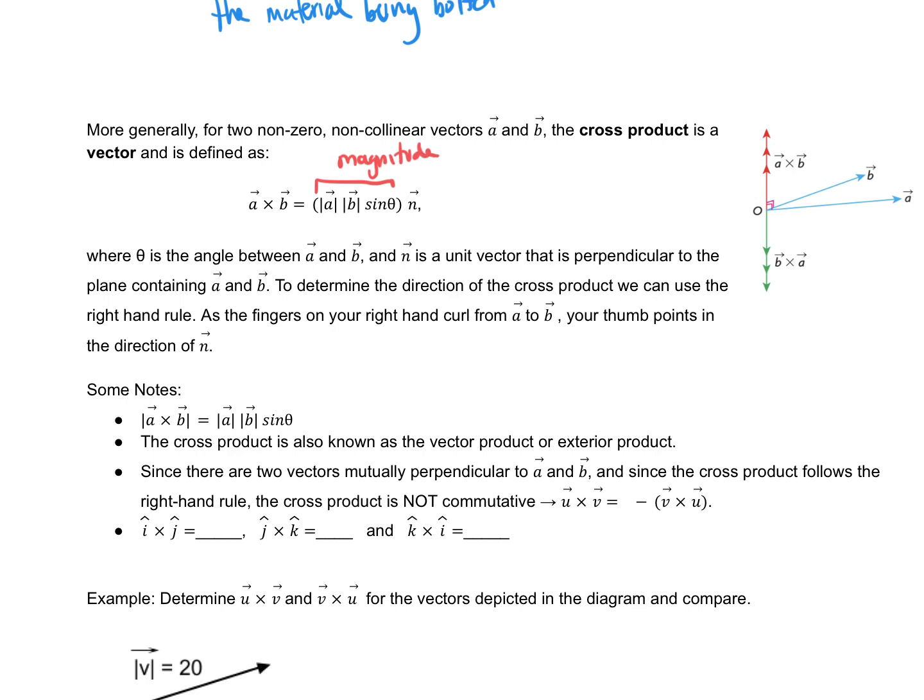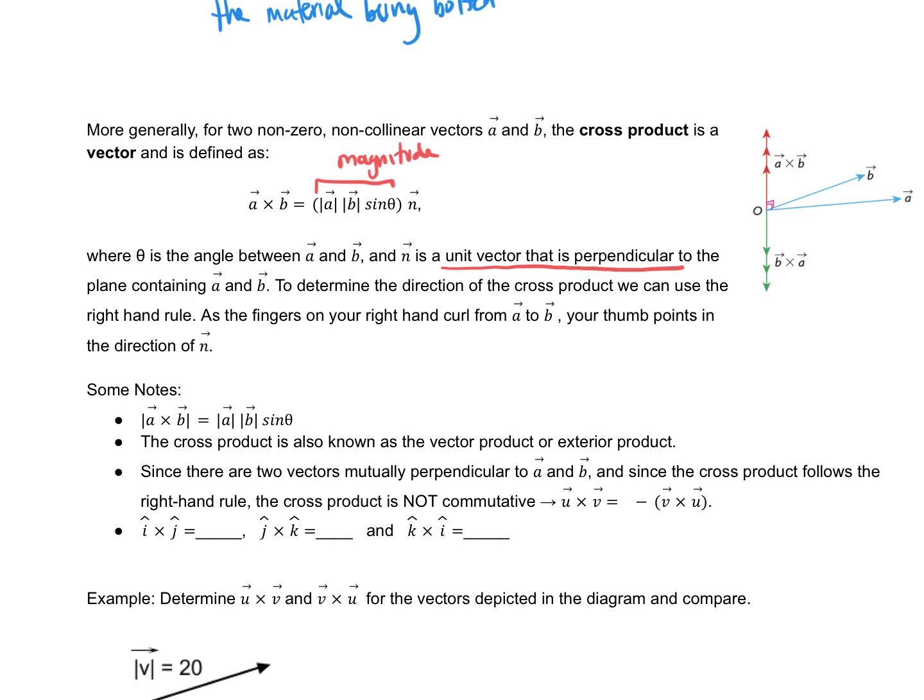But to make it a vector, that magnitude is being multiplied by this vector n. Now, what is this vector n? Vector n is a unit vector that is perpendicular to the plane containing both vectors A and B. And the way we determine that direction is by using the right-hand rule.